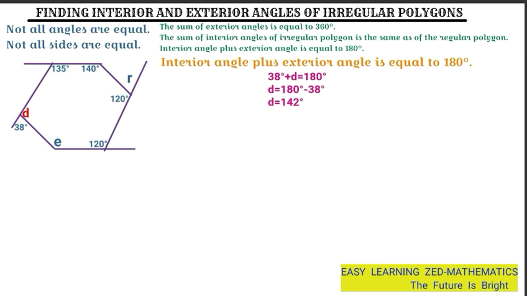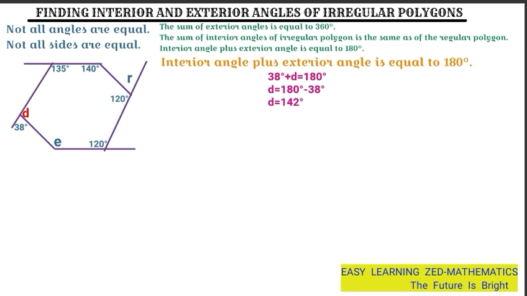It's an irregular hexagon, so it's just called a hexagon, and it has 6 sides. We're going to find the sum of interior angles of this hexagon. If you don't know how to find the sum of interior angles of a regular polygon, check our playlist as well. You will find a video where we demonstrated how to find it.